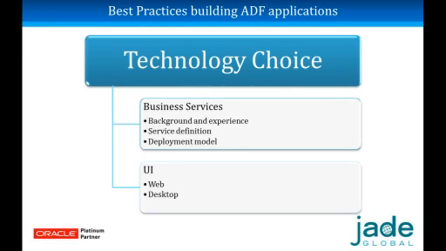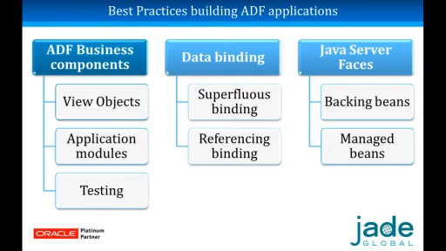What exactly are the components which are important while building the ADF? So typical ADF business components are the view objects, which are based on the actual core database entities. These are various information which can be built on and provided.